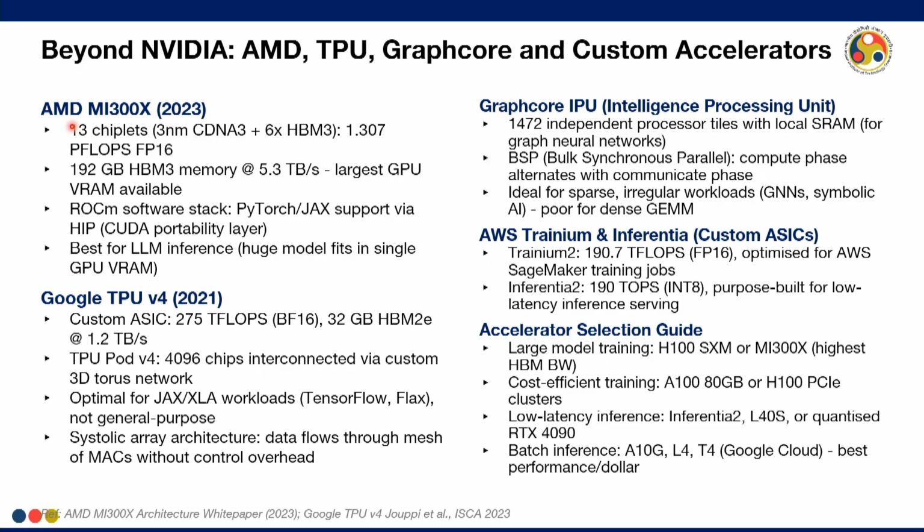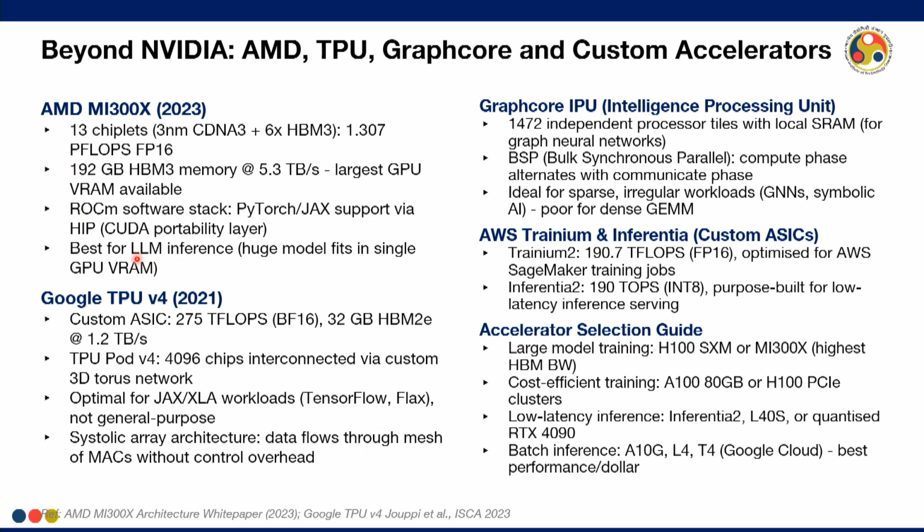If we talk about AMD, we have to talk about the MI300X, which was introduced in 2023, is based on chiplet architecture, and gets 1.307 petaflops in FP16 performance, which actually surpasses the H100 architecture as well. Also in terms of VRAM, in the Hopper series you have the H100 with 80 GB, in place of which we have 192 GB here. So these are widely used for your LLM training and inference nowadays.